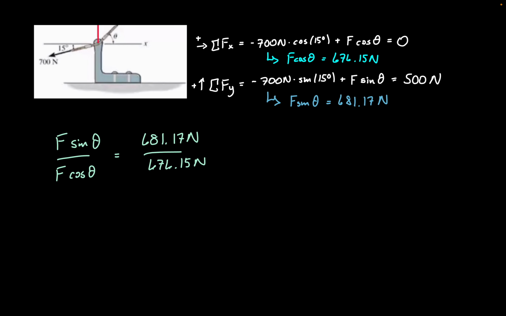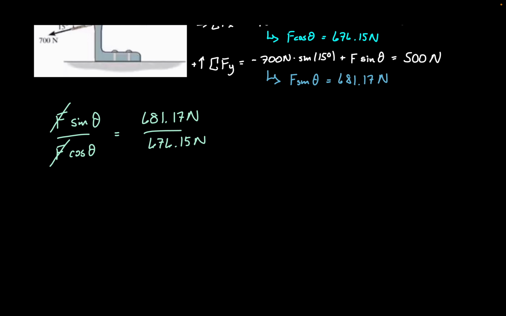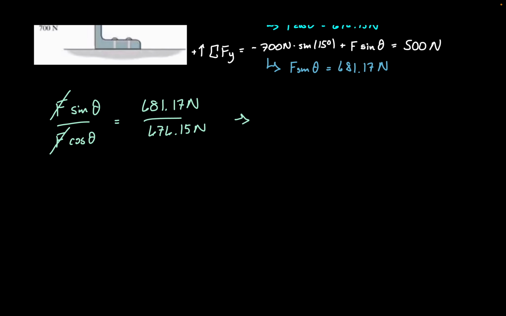And now that we have a fraction, we can actually cancel out our forces here, and then we're left with sine theta over cosine theta, which just happens to be tangent of theta, which we can then say is going to be equal to our 681.17 divided by 676.15.